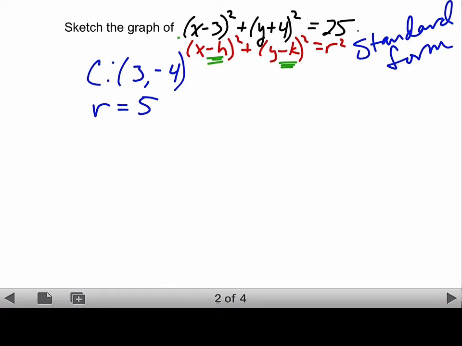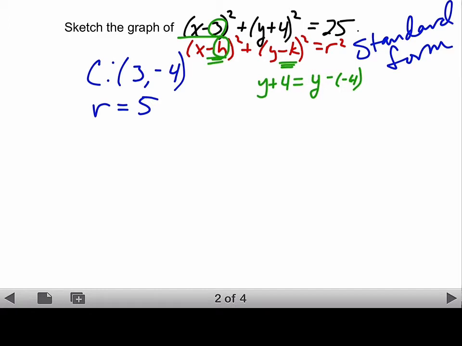So where this is x minus 3, what's being subtracted is 3. Just like x minus h has h being subtracted. In y plus 4, what's actually being subtracted is a negative 4. That's how you're going to get a plus, right?